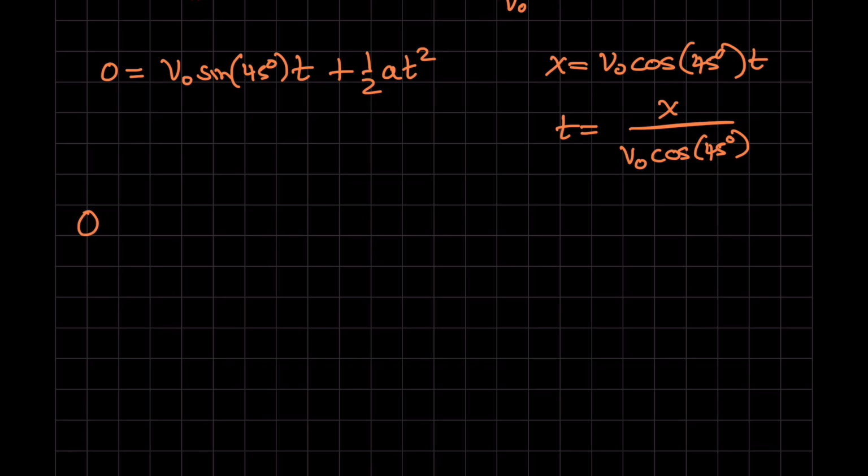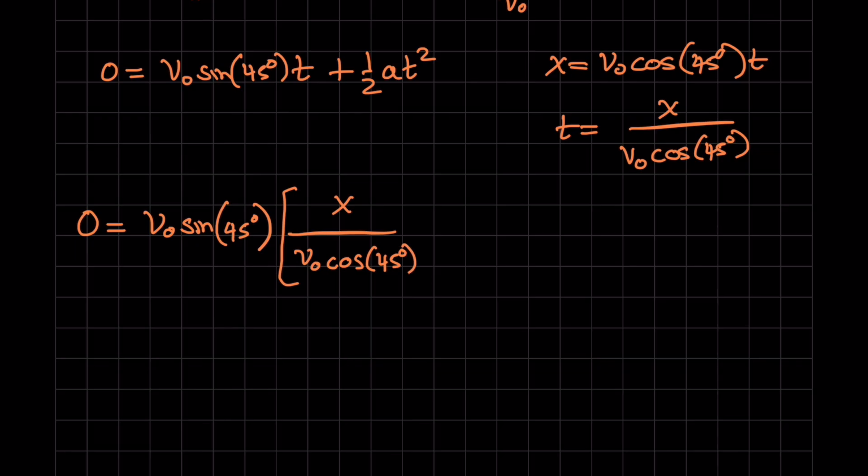So we have 0 is equal to v naught sine of 45 degrees, just as before. Now we substitute for t, x divided by v naught cosine of 45 degrees, and add that to 1/2 a.